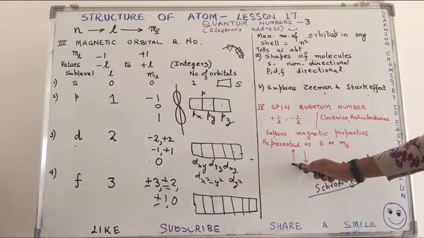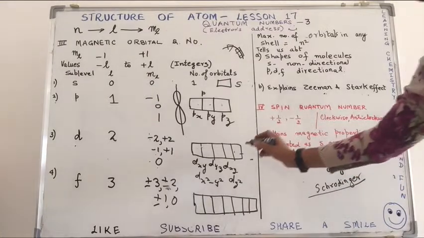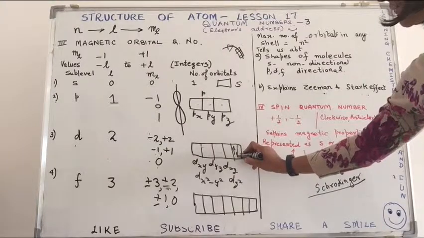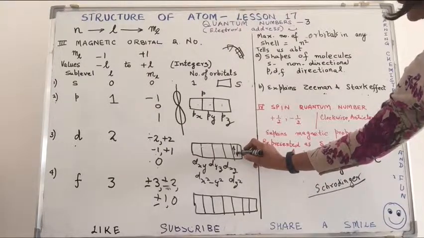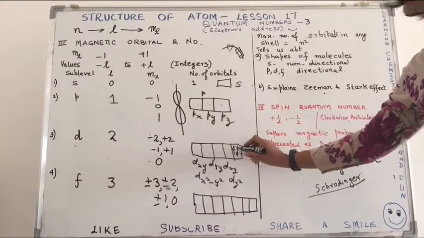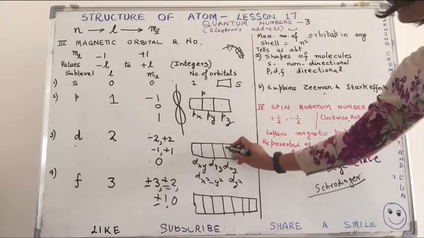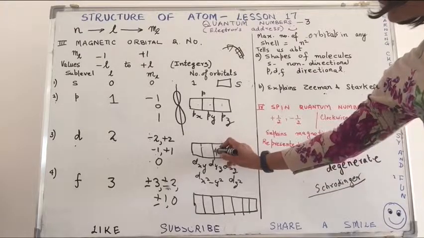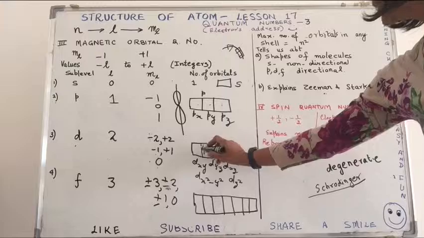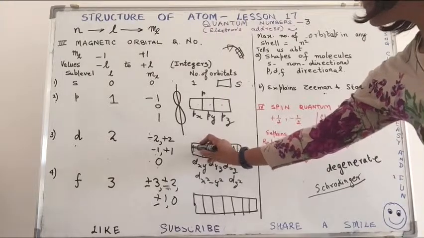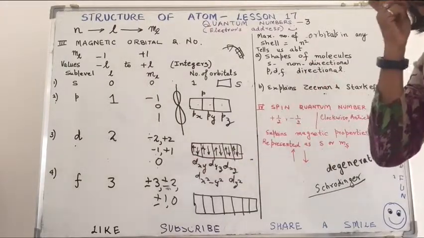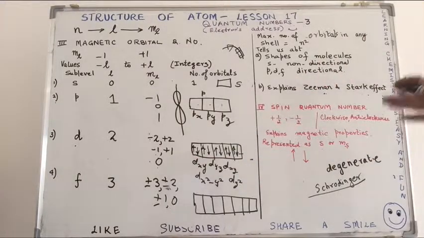How do we represent it? Now, we're talking about the electron. So now we fill the electrons in the orbital. The electron, while occupying an orbital, can either have a clockwise or an anti-clockwise spin. So what is the maximum capacity of the electrons in the d orbital?